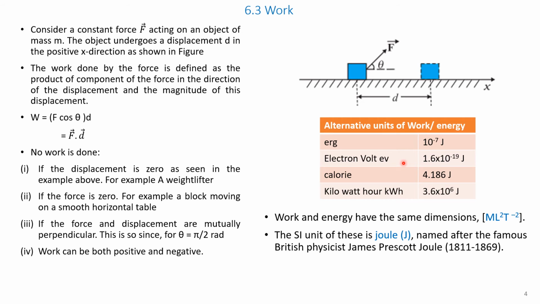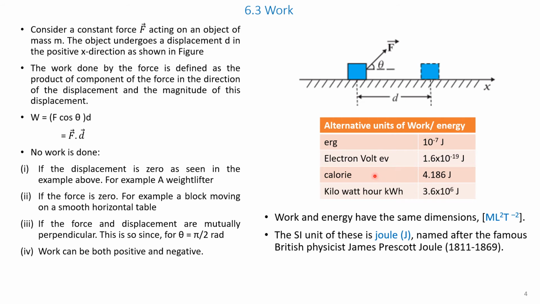The electron volt is also a unit of energy, which is applied in electronics and to the energy possessed by electrons. Its value is 1.6 times 10 to the power of minus 19 joules.